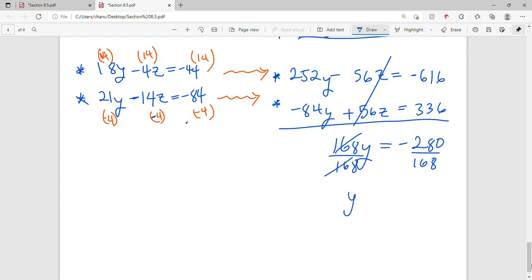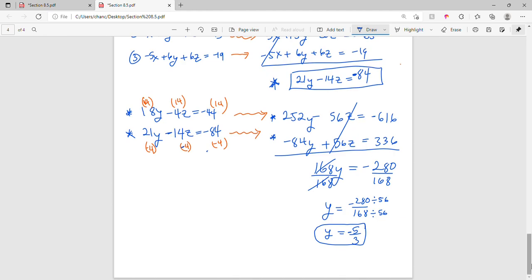We can reduce this fraction, and if you check with a calculator, it's actually divisible by 56. So this took me a while to find out that this does have a common factor of 56. And so we can reduce this fraction as 5/3. So this is negative 5/3 for our first solution.